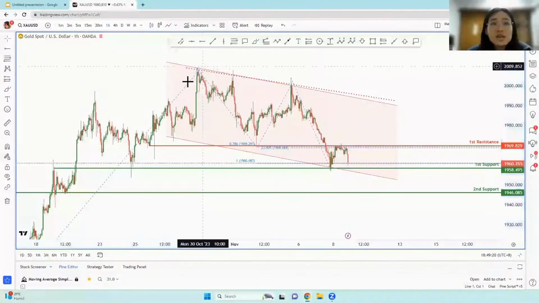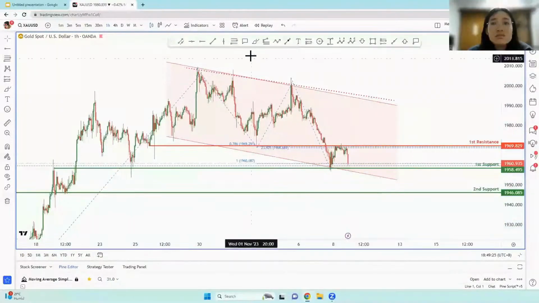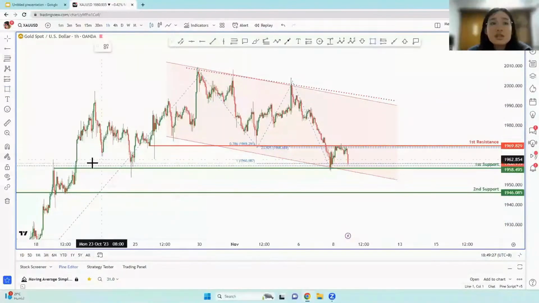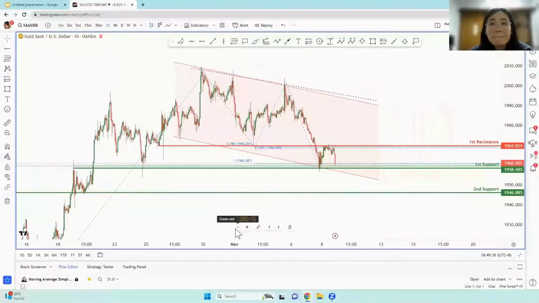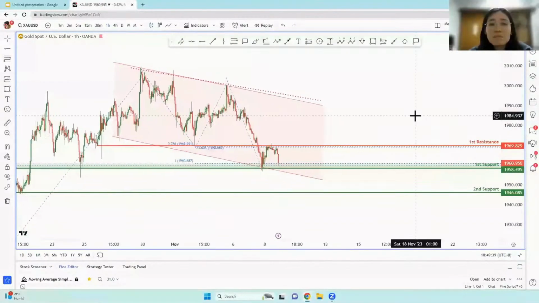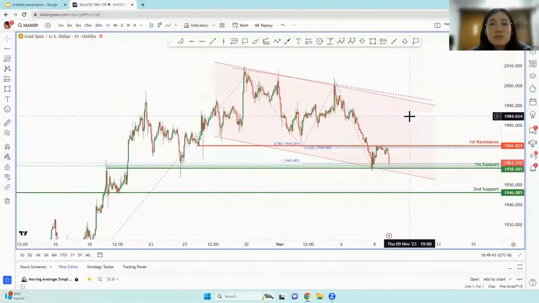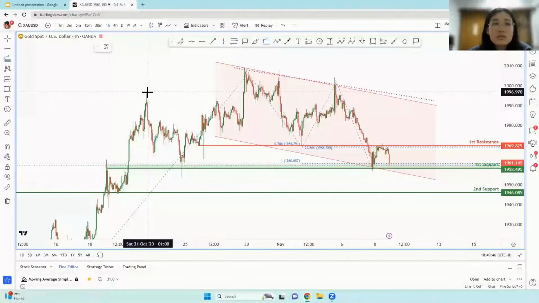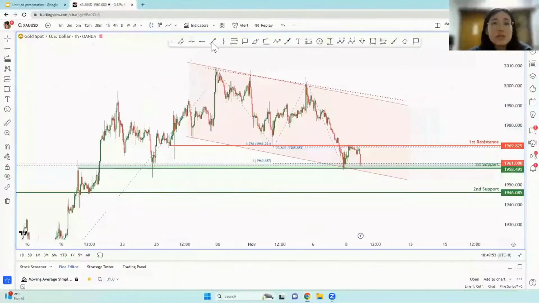So you can see that this first support is pretty significant here. I think that's all the levels that we have.